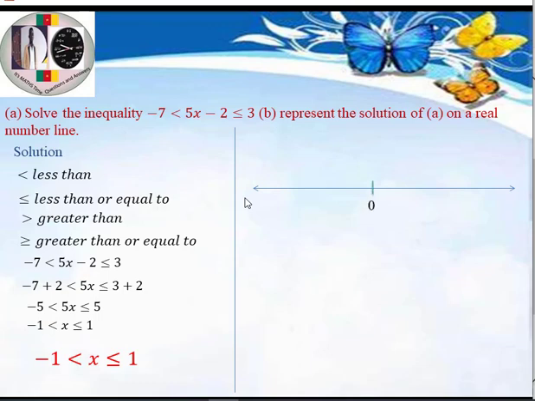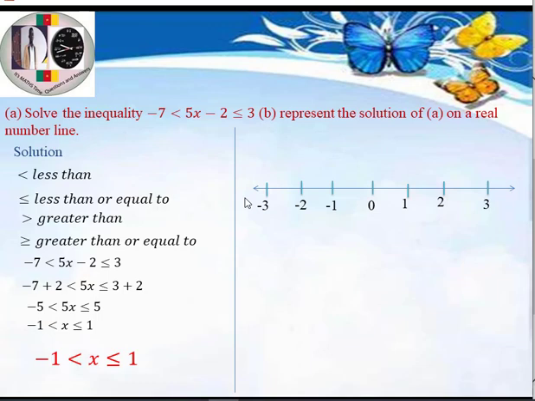So to the right of that 0, we have positive numbers in increasing magnitude: 1, 2, 3, 4, 5, and so on. And to the left, we have negative values in increasing magnitude as well: minus 1, minus 2, minus 3. So that's how a number line looks.